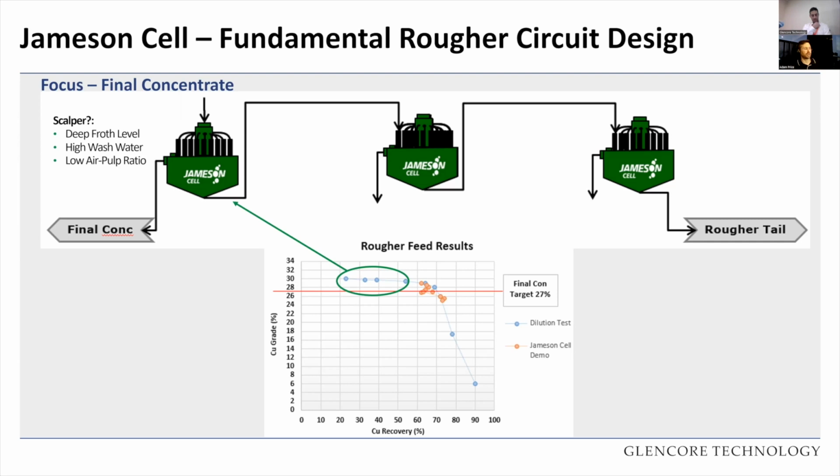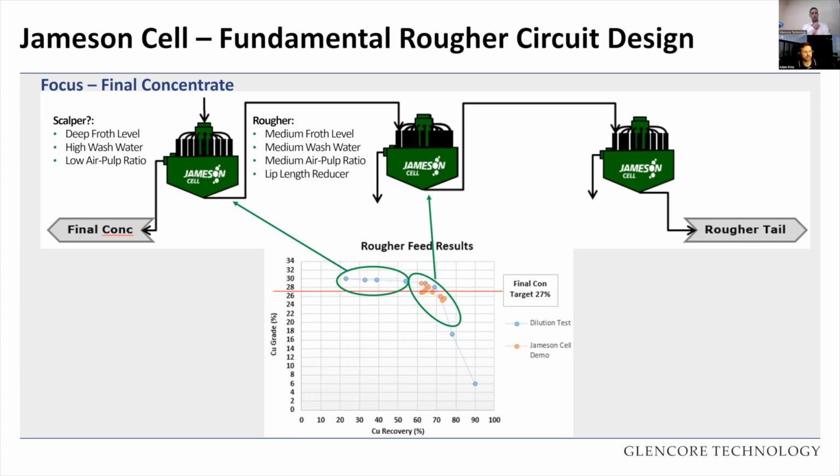And we would install a scalper at the head of the circuit. Typically this cell would be run more like a cleaner, with your deeper froth levels, higher wash waters, and potentially lower air, depending on what the carrying capacity requirements are, to achieve that final concentrate grade. May then also include a rougher cell after that scalper.